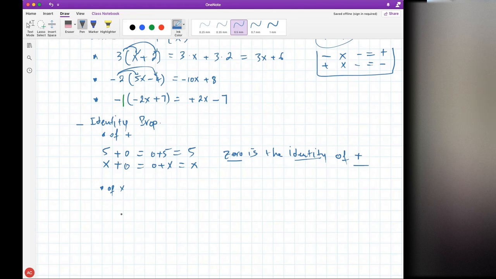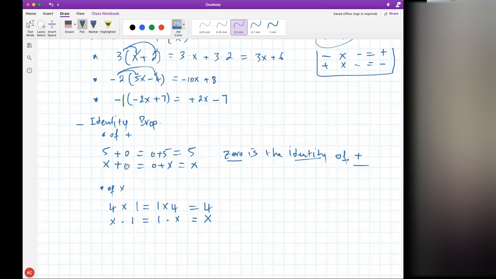For example, if you take some real number 4 and multiply it by 1, it would be the same as 1 times 4 if we use the commutative property, and the result is 4. For any real number x, x times 1 or 1 times x is basically x. So any real number multiplied by 1 stays the same. Whatever x might be, it could be 2, -4, 0.7, 1/3, whatever it is, it stays the same.